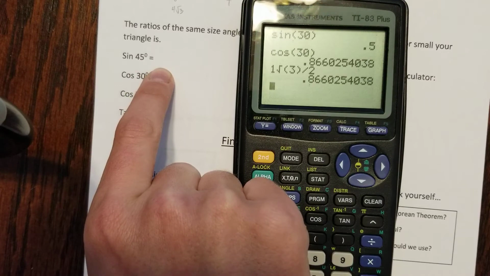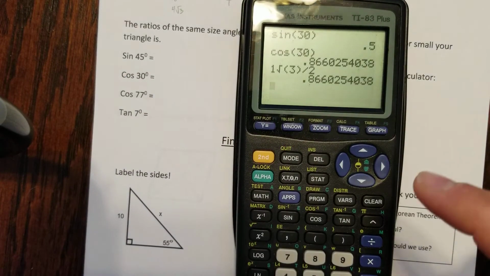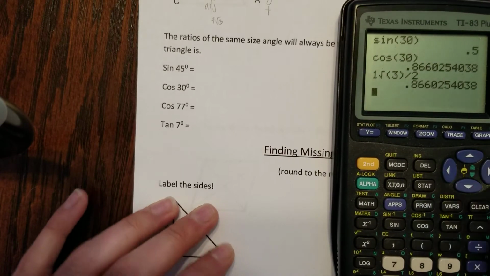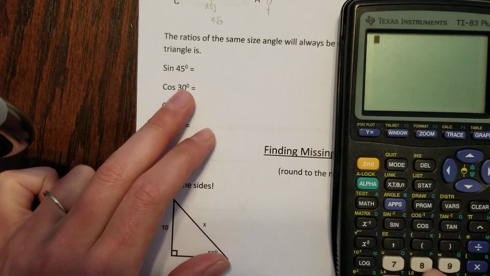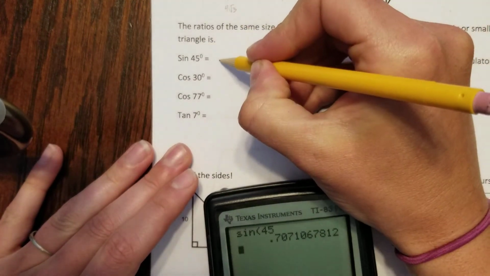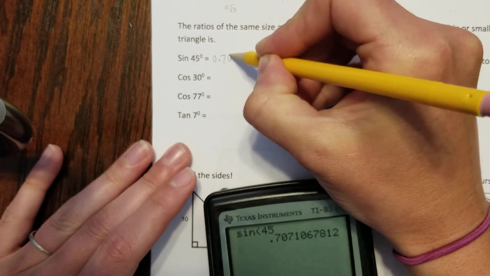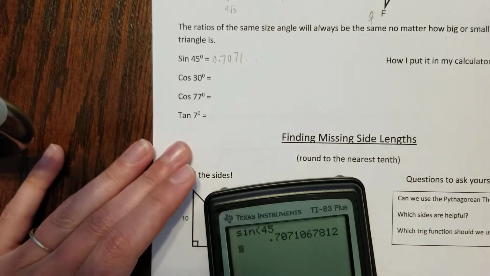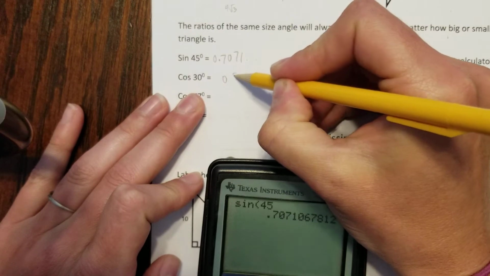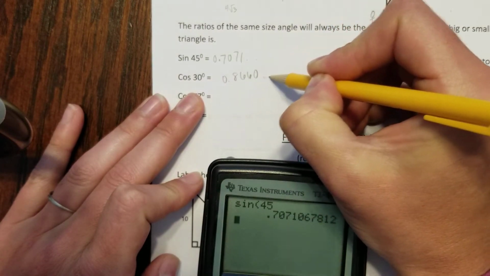So it's really important for you right now to play with your calculator and see which kind of calculator you have, okay? When you play with your calculator, this is how you're going to know if you got it right. When you type in the sine of 45, you should get 0.7071... When you type in the cosine of 30, you should get 0.8660.